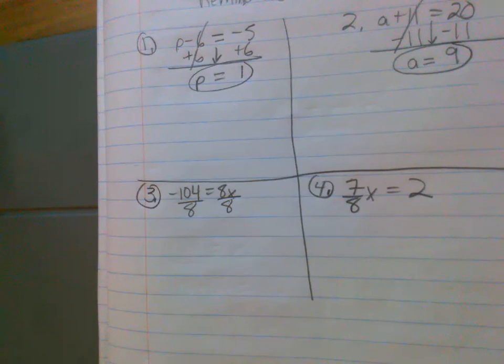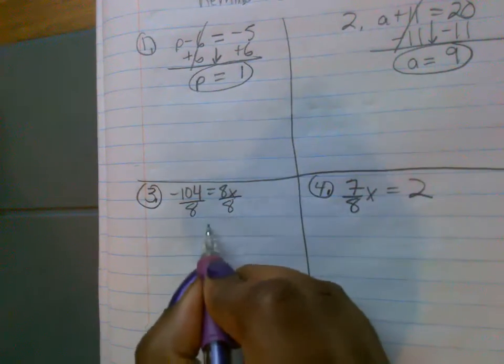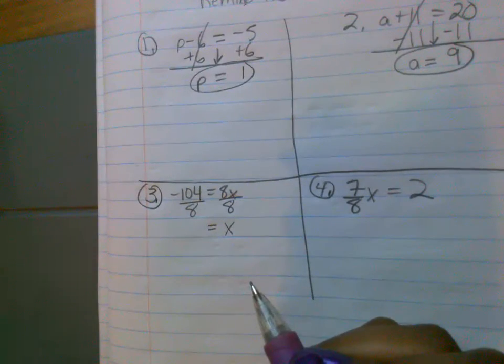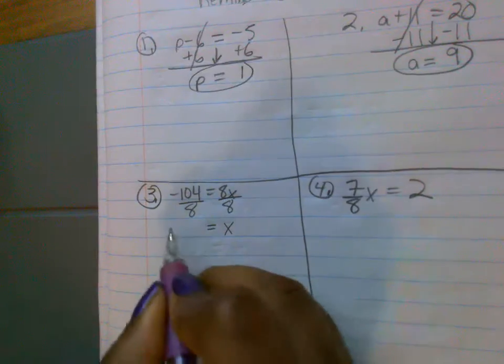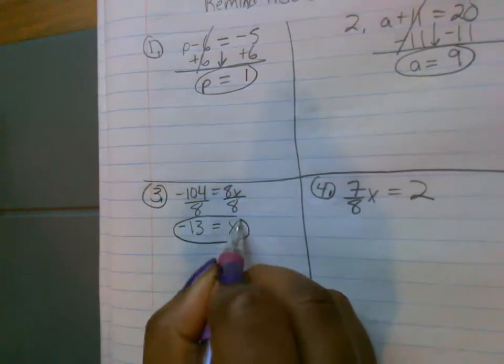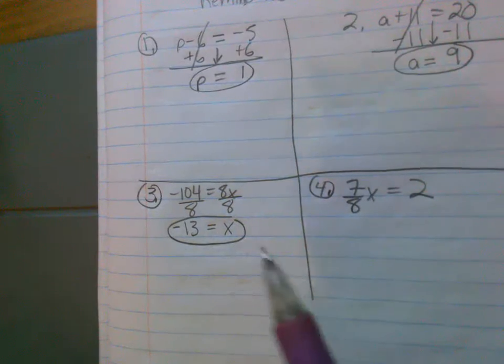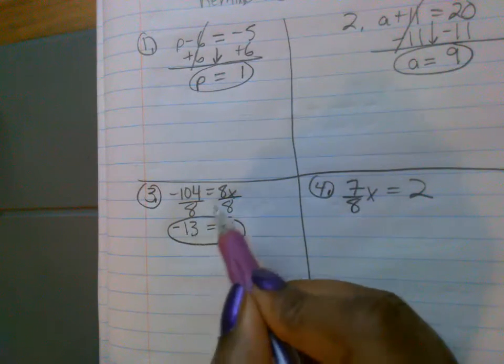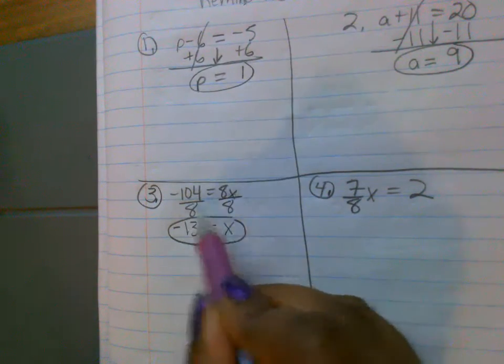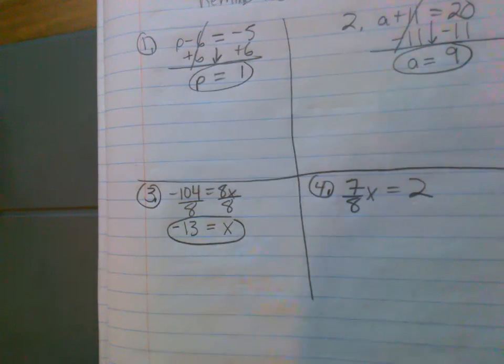So this is going to be just X on this side. And then when you divide negative 4 by 8, that gives you negative 13. If you want to check your answer, just plug in the negative 13 for X and see if both sides are equal. If both sides are equal, then this is a solution, negative 13.